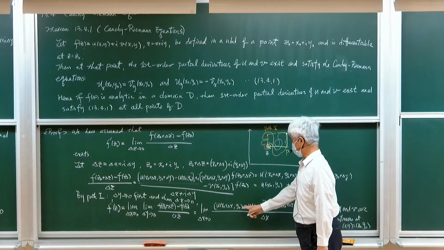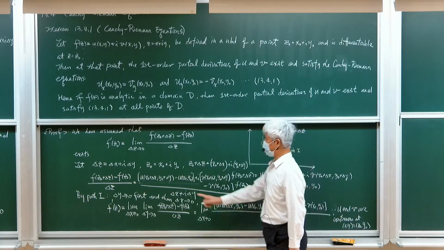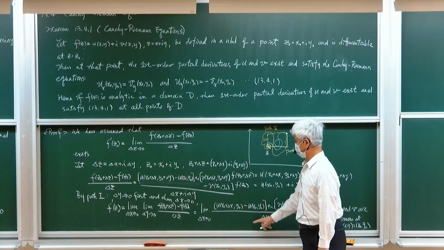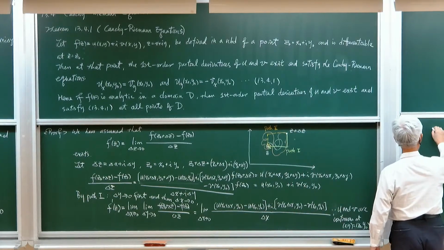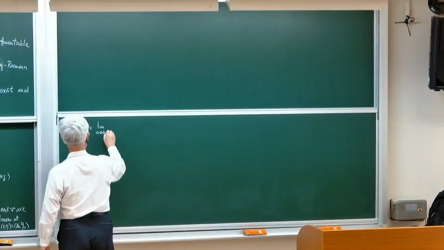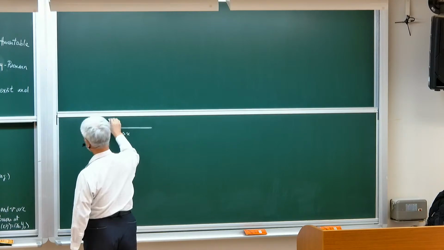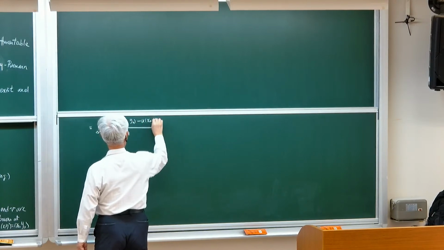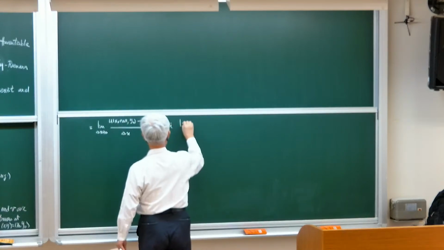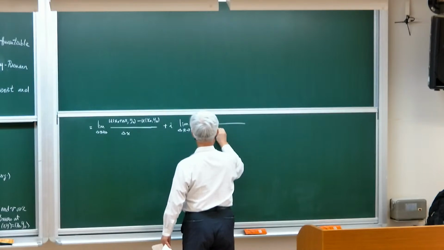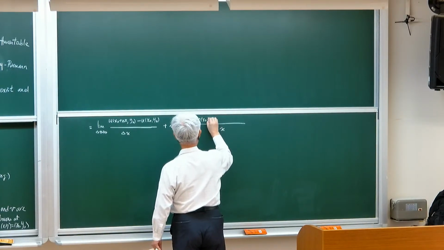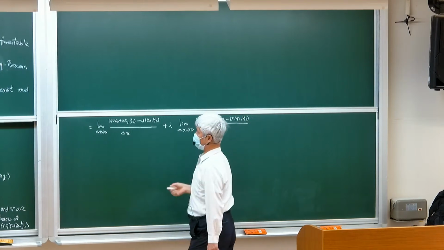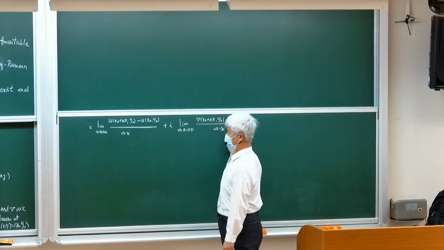Right now the ratio always exists. So when delta x goes to 0, the ratio must exist, which means that this limit exists, and also this limit exists.